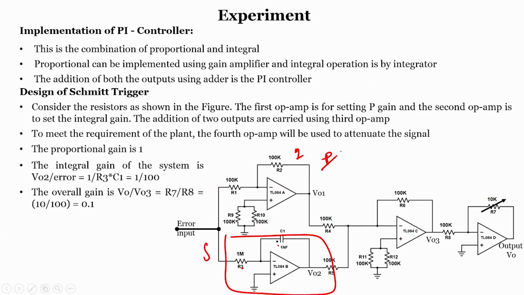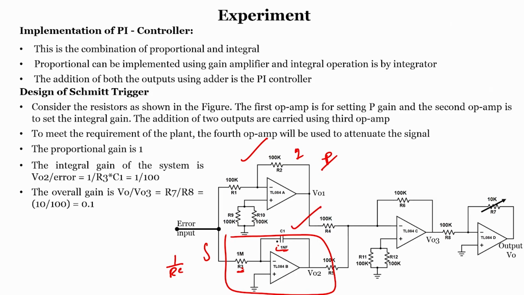I got P with a gain of 1 and I got an integrator, and the time factor entirely depends upon the resistor that we have chosen, which is nothing but 1 by RC. So 1 by RC is the Ki, the integral gain, right. So I have implemented the proportional controller using an operational amplifier, and the implementation of the integrator using an operational amplifier is done.